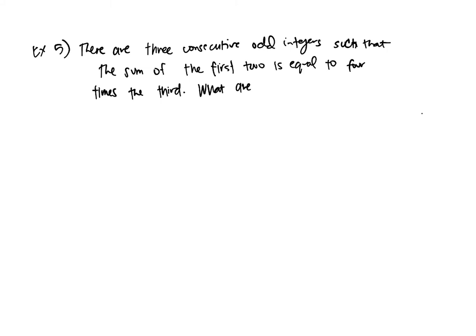So since this is asking us, again, what are these integers, and I know it's going to be the consecutive odd integers, I'm going to first identify them. So x will be our first integer.